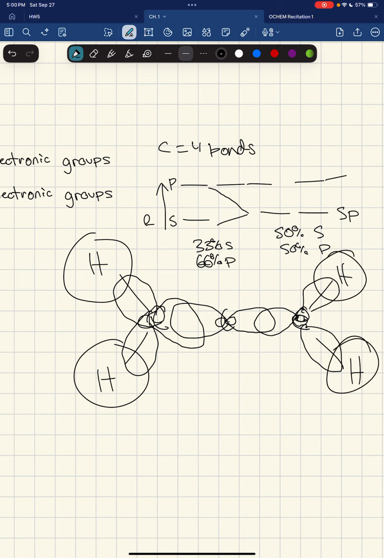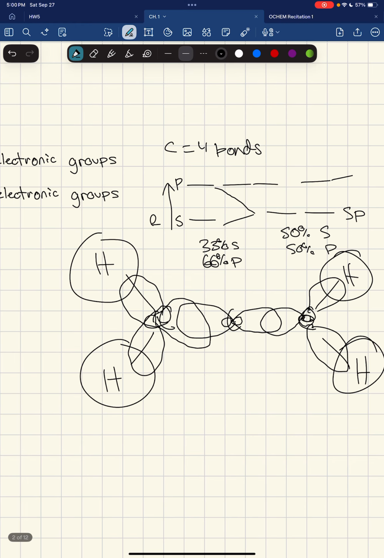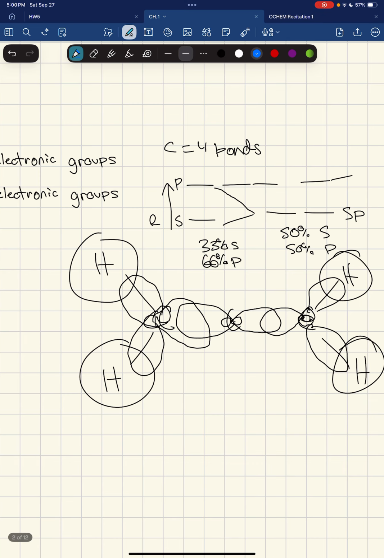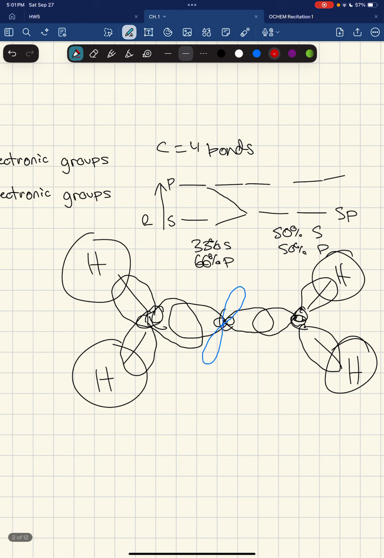So now you have to take into account your leftover p orbitals. This carbon has 2 leftover p orbitals. I'll draw those different colors. So one p orbital is going to look like this on the z plane, and then this one will look kind of like this on the y plane. And then you know that this carbon is going to only have 1 p orbital left over. So it's going to kind of look like that on the z plane.